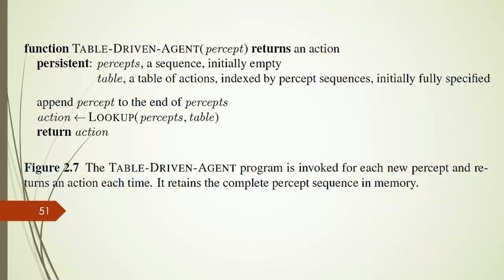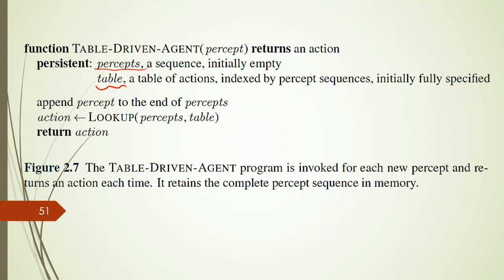The code would be something like this. We call this pseudocode, a pseudocode for a lookup table, or a table-driven agent. We assume we have percepts, a sequence initially empty, so we have a memory where we keep those percepts. We have a table of actions indexed by percept sequence.